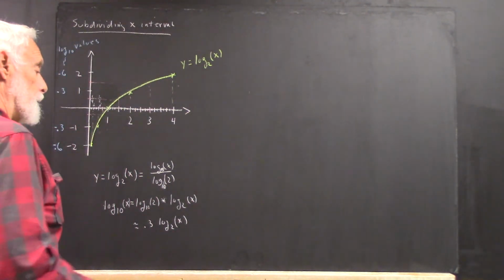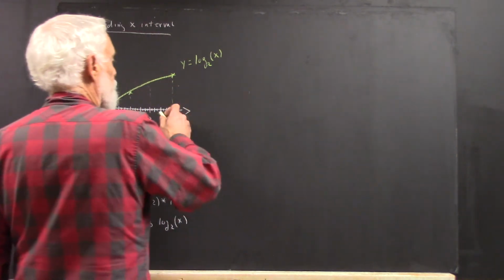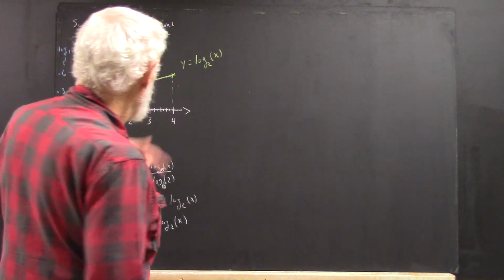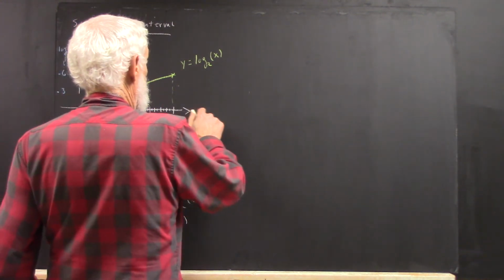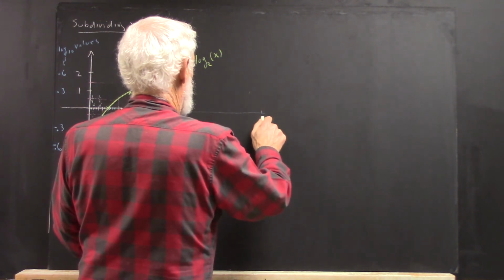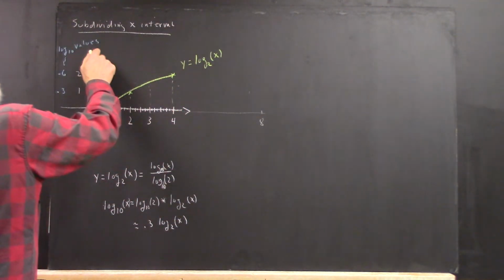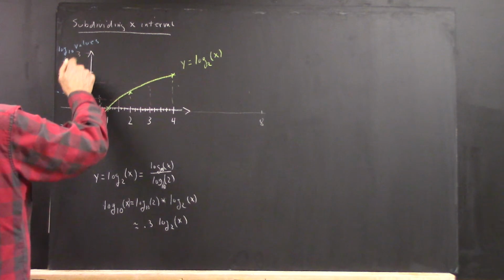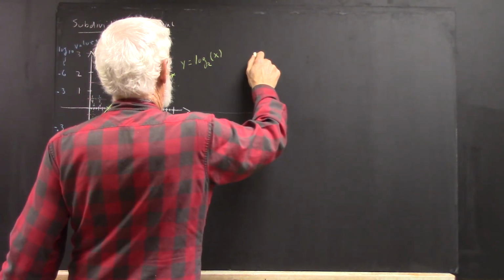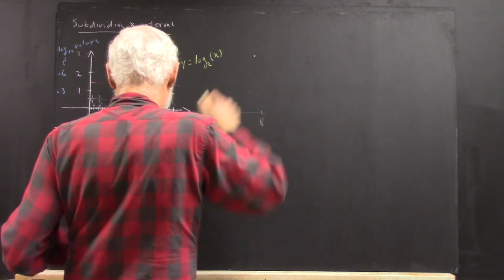And another part of that is going to be, okay, we're going to go ahead and extend this out to 8. So if we keep going, 8 is going to occur about here, and 3 on this axis will occur about here. So that's going to give us a point maybe about here.